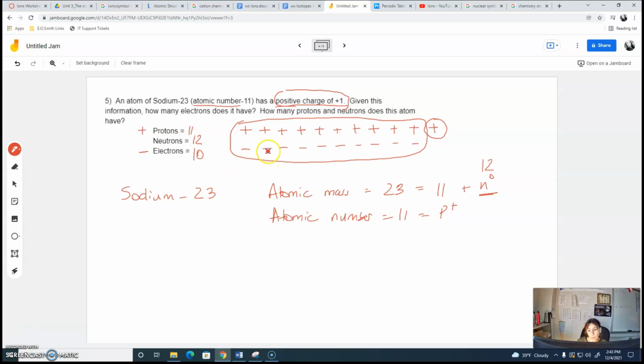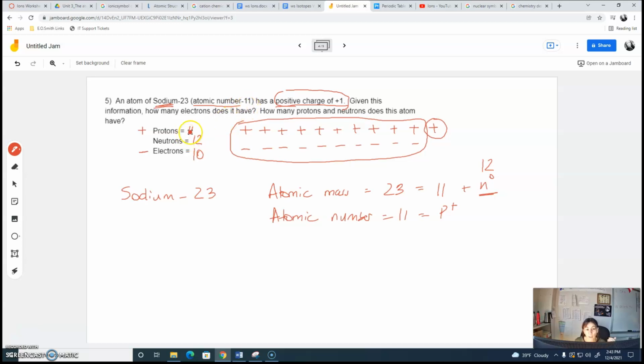The error that a lot of people will make here is that they will actually change the number of protons instead of changing the number of electrons. Remember, the number of protons tells us what element it is. So if we're dealing with sodium, atomic number of 11, do not change that number.